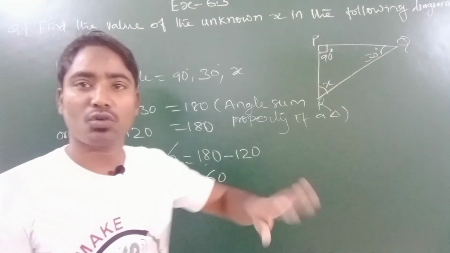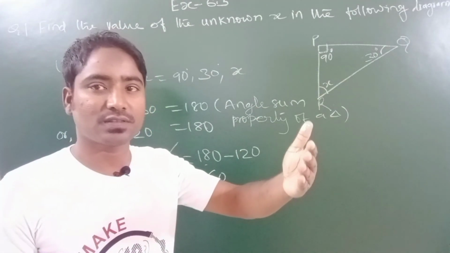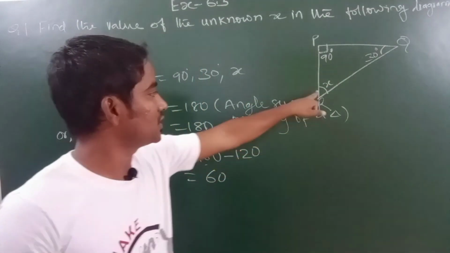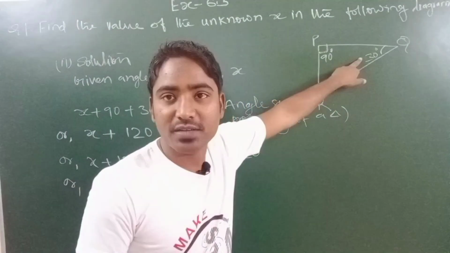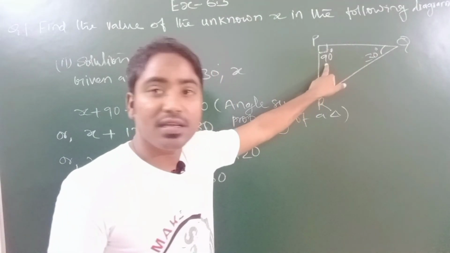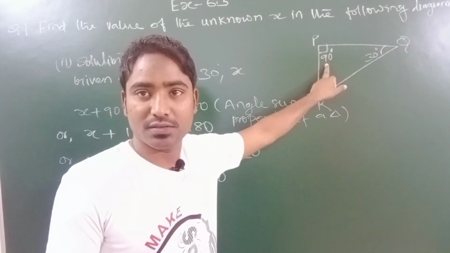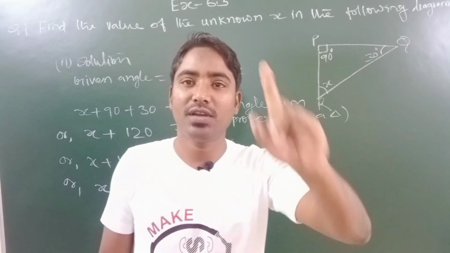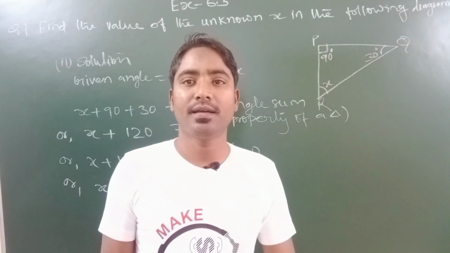Now if you want to cross check your answer, put in the 60 you got. So 60 plus 30 how much? 90, and plus 90 how much? 180. So the sum of all the interior angles of a triangle will always be equal to 180 degrees.